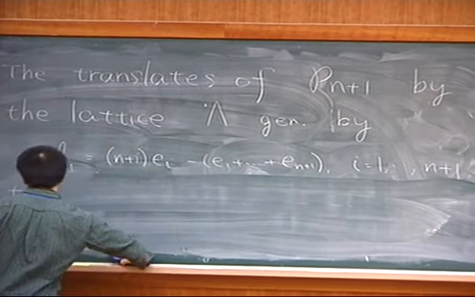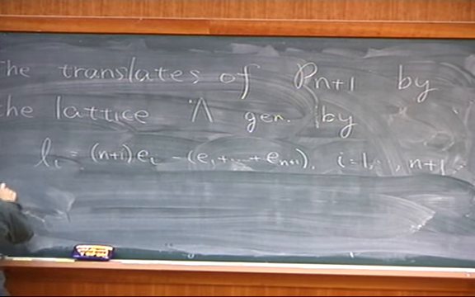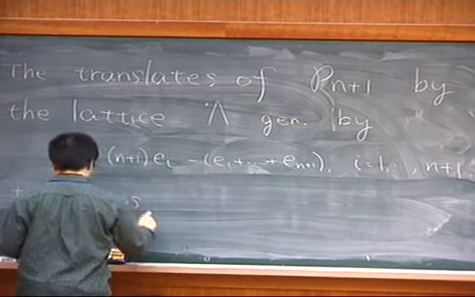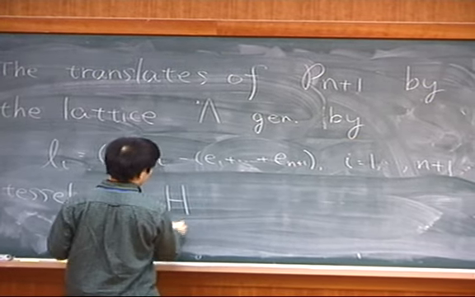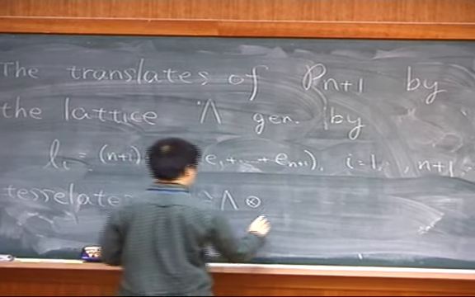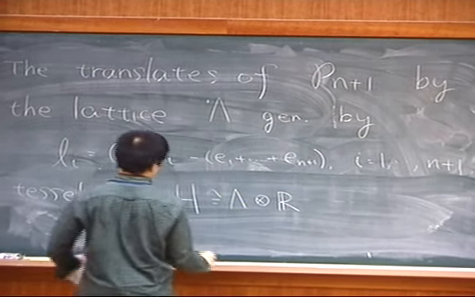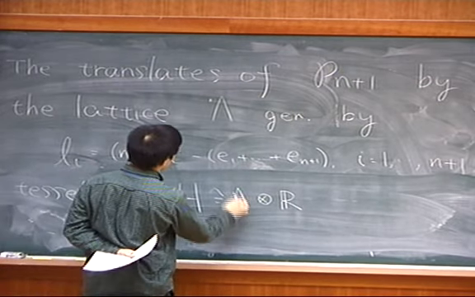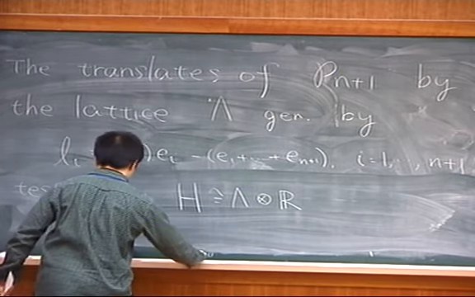And this tessellates H, the hyperplane, which can be identified with the vector space associated with this lattice Lambda.